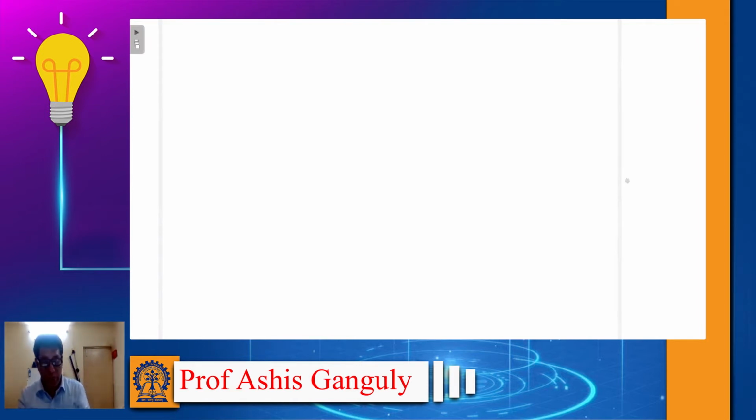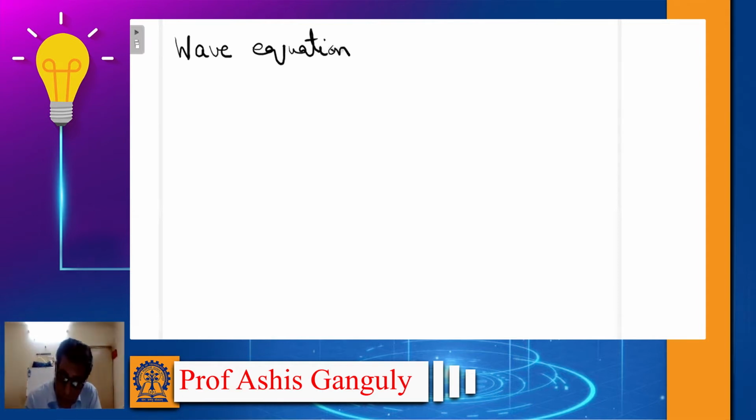So let me write down the problem first. This is the wave equation for the semi-infinite string.